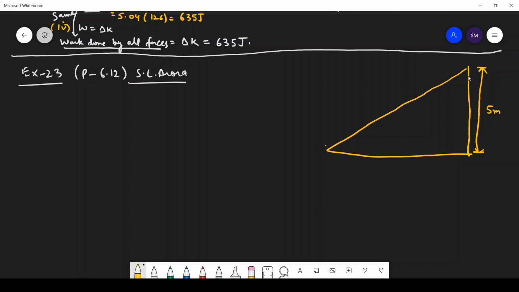And then it is allowed to slide down, meaning no force is applied when it is coming down. You just leave it from the top, and then obviously it will come down.